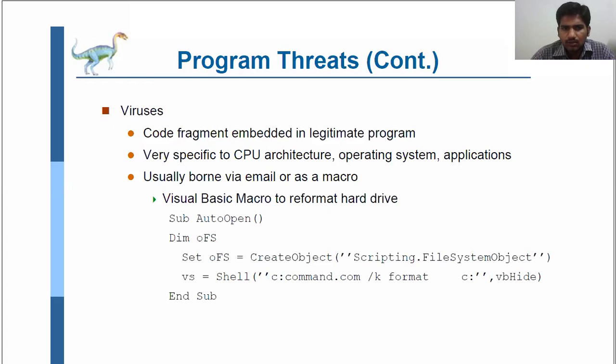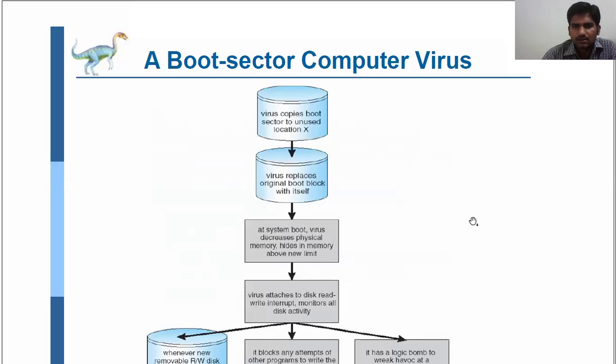Usually borne via email or as a macro. Generally, when we are using the internet, it can attack via email or macros, or small applications if we run them. For that we may have to reformat the hard disk and do all these things.